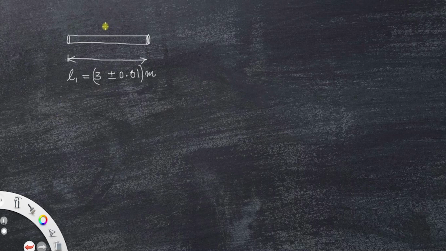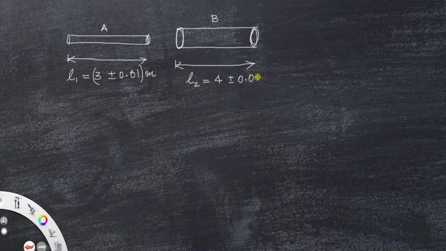Let's call this steel bar A. We have another steel bar of cross section greater than the first one. Let's call that B, and let's say its length L2 is 4 plus or minus 0.02 meter. Now we want to find, if I join A and B, or if I weld here, what is the total length of the new bar? The new bar will be somewhat like this.